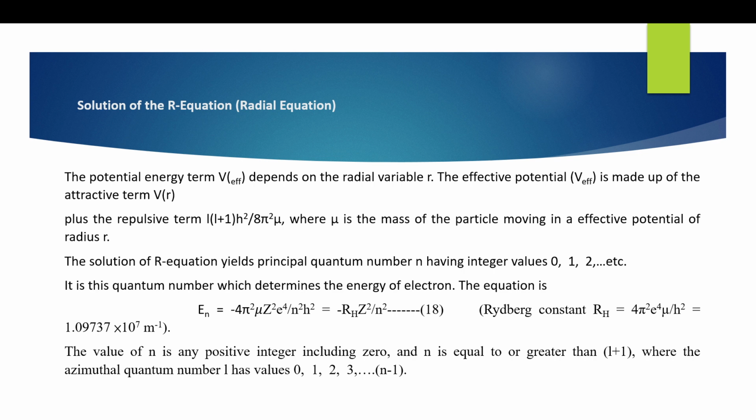The equation is given as equation 18. R H is the Rydberg constant whose value is given. The value of n is any positive number as told earlier. And l is the azimuthal quantum number whose values are 0, 1, 2, 3, etc. up to n minus 1.